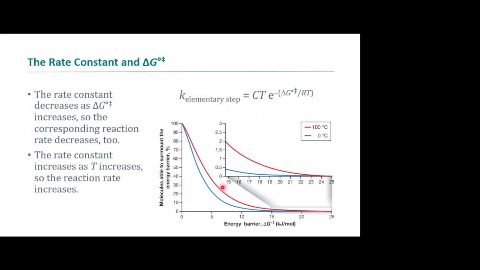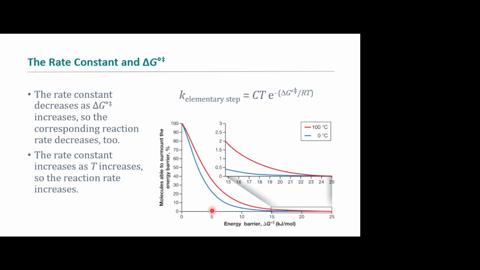This is, by the way, the graph. This part right here corresponds to this little box down here. Just to zoom in because you can't actually see it down here. It all looks like 0. And so if we look here, we have the energy barrier and the percentage of the molecules that would surmount that energy barrier. If we're at 0 degrees Celsius, notice less percent surmount a given energy barrier.